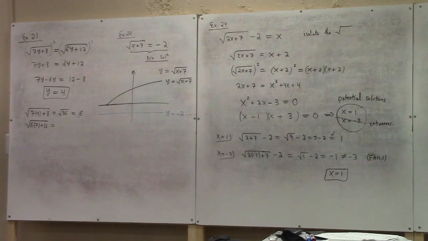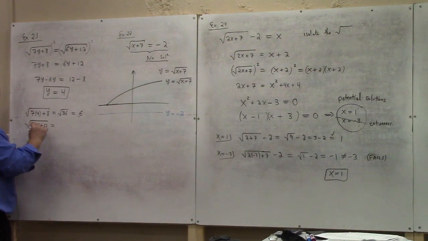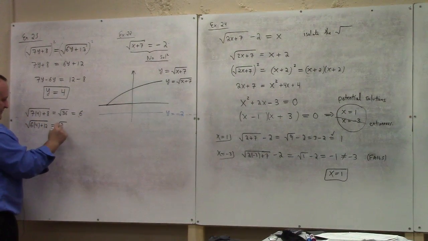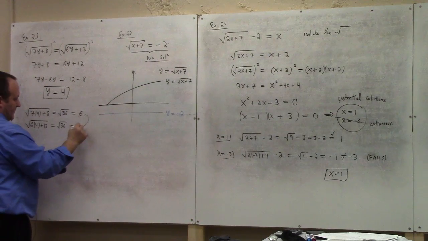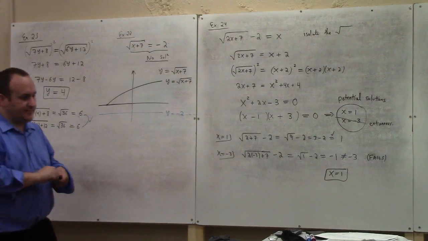Why did I put a 7 there? What was wrong with me? It's a 4. Sorry, I just wanted the 4. It's my bad. So anyway, square root of 36 again, which is 6. So it works. Checks.